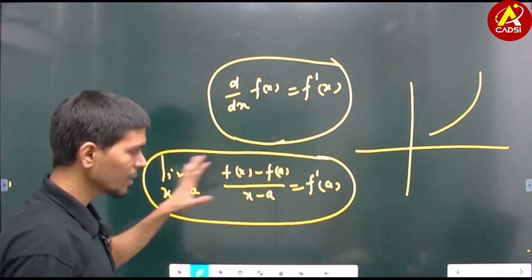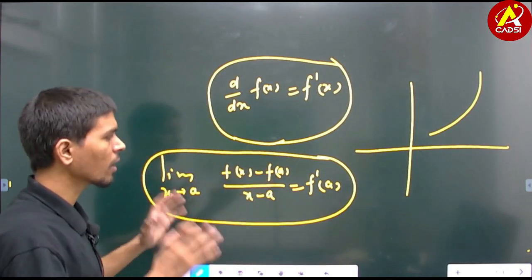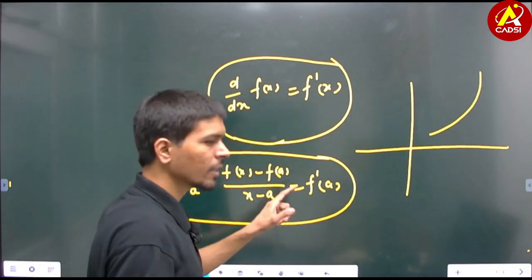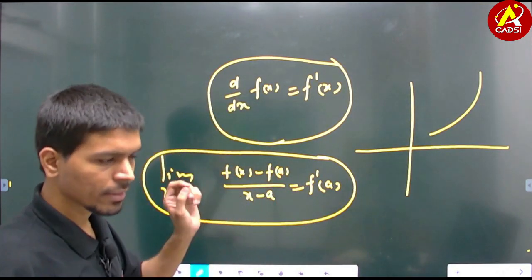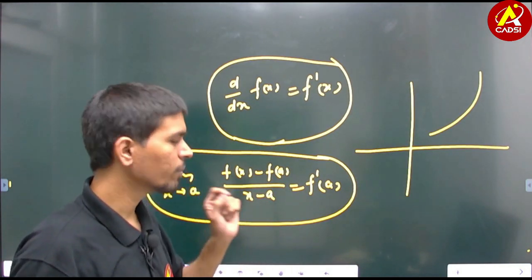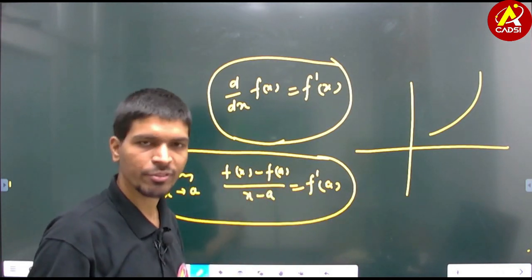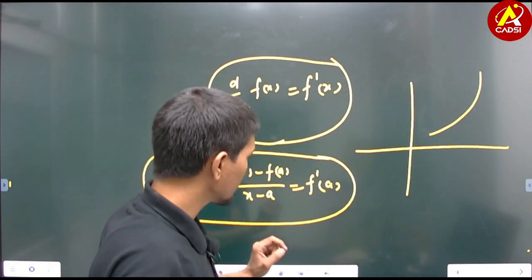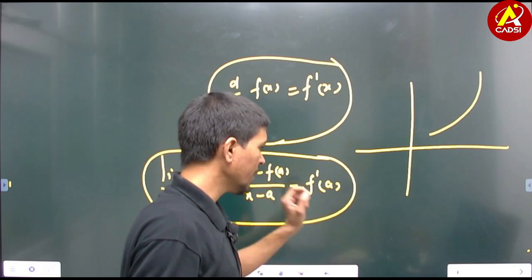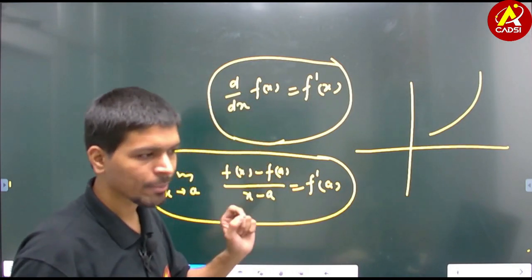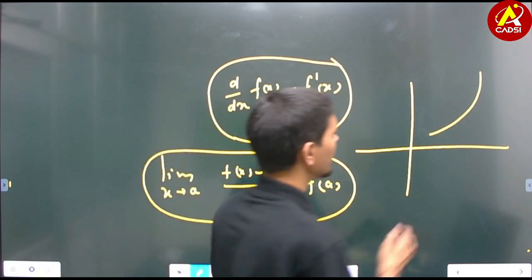But what is the meaning on a graph? This is nothing but the slope of the tangent at a. We can say that the derivative of a function at a particular point means the slope of the tangent at that point.